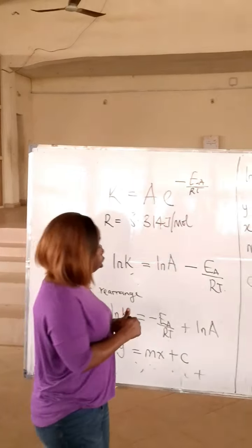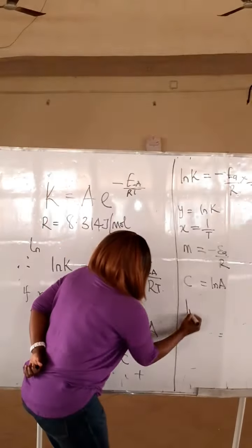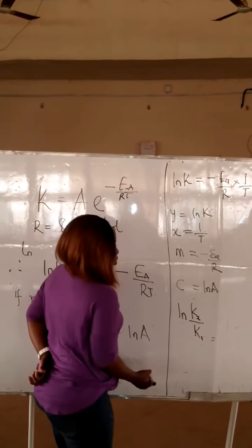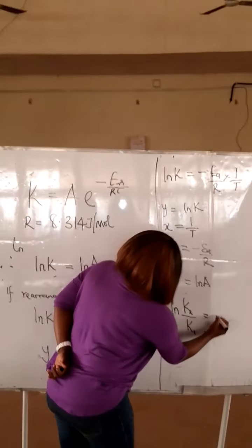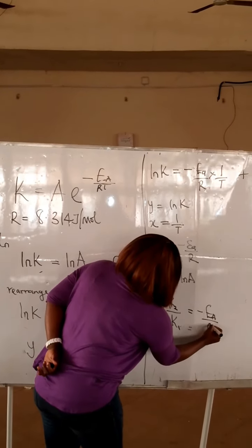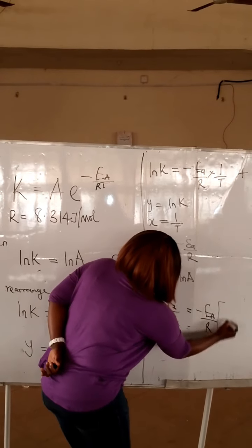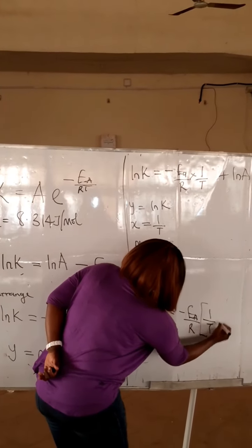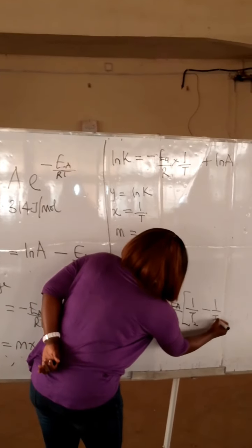Change. Therefore, we will have ln k2 over k1 equals minus Ea over R into bracket 1 over T2 minus 1 over T1.